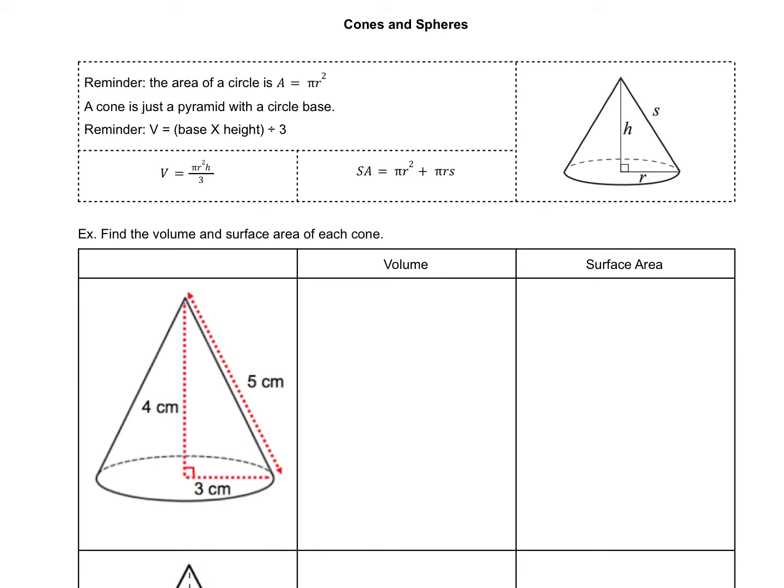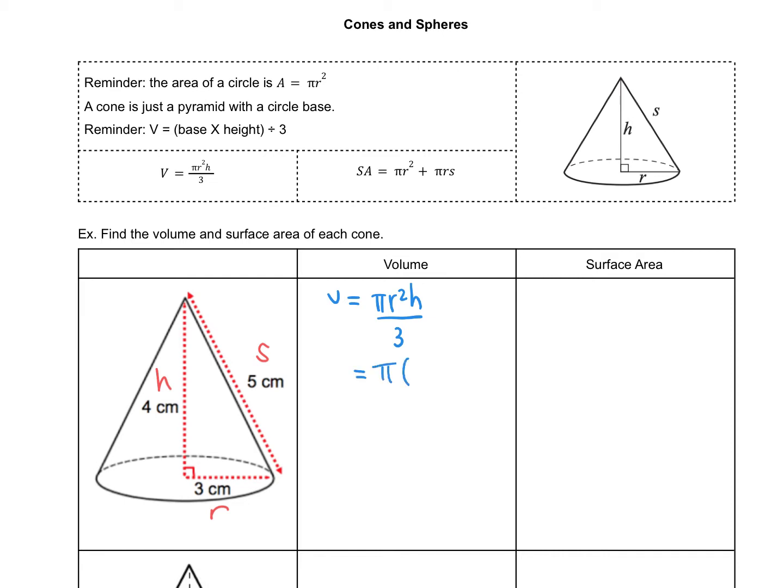So let's begin with our first example. So volume is pi r squared h divided by 3. I'm going to label what all of these dimensions are. The 3 is the radius, the 4 is the height, the 5 is the slant height. So in terms of the volume, I do not need that 5.